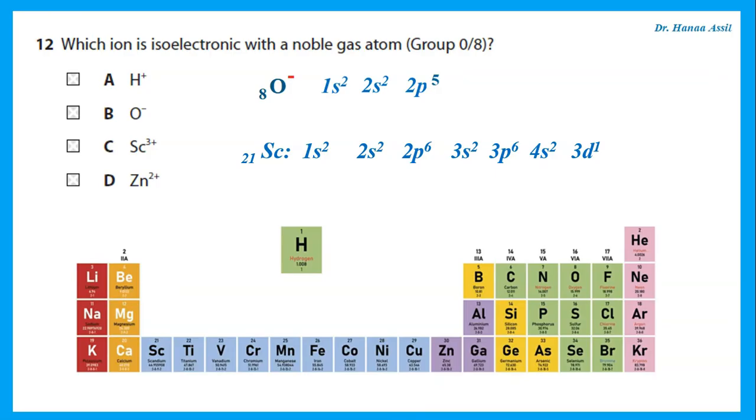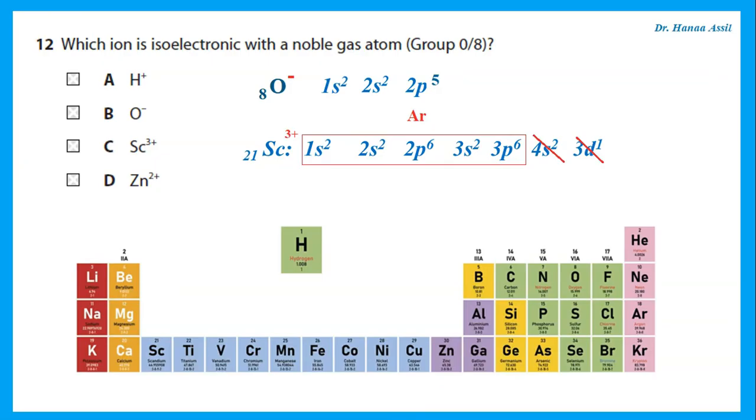When we remove electrons, we start by removing the electrons in the 4s also, because that is the outer shell electrons. So we need to remove 3 electrons to have a 3+. So we're going to remove the 2 electrons in the 4s, the 1 electron in the 3d. So we're left with 1s2, 2s2, 2p6, 3s2, 3p6. That's 18. 18 is the electron configuration of argon.